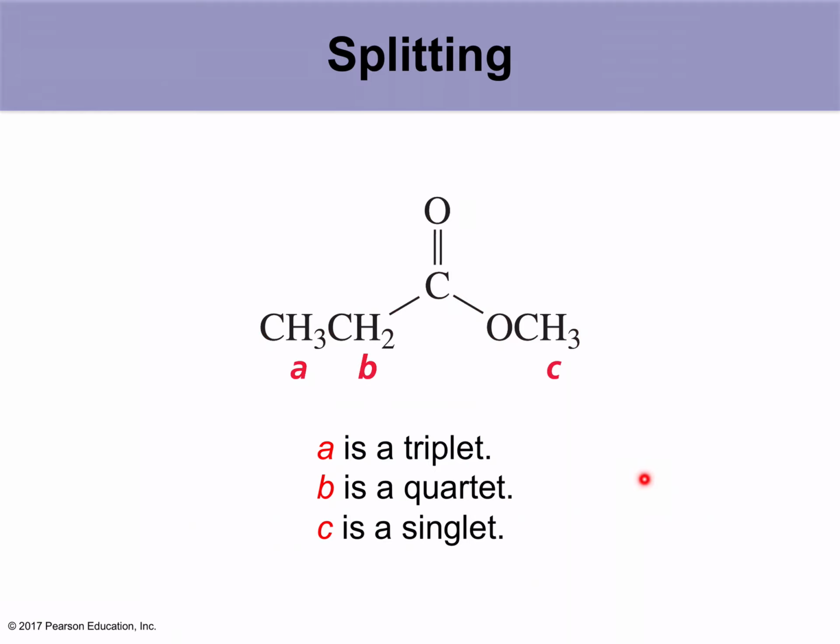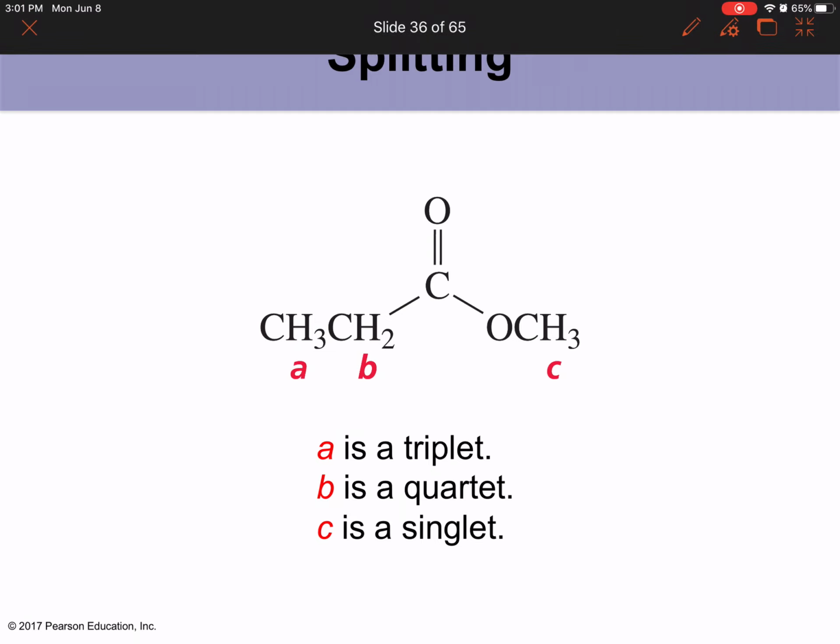Now in this one, how many signals would you see in this case? Let's say this is our NMR axis. 3 hydrogens in the same environment, 2 hydrogens in the same environment, and C would be in the same environment. So 3, 2, 3.